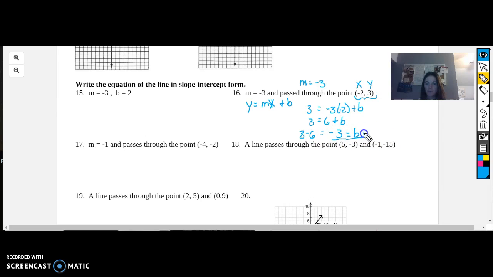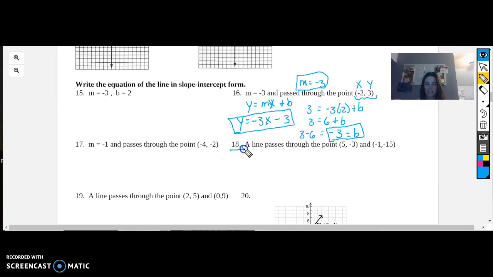So now I know my b value. I have an m value and a b value, and I can rewrite my generic equation for this line as y equals -3x minus 3. It's a really cool trick.